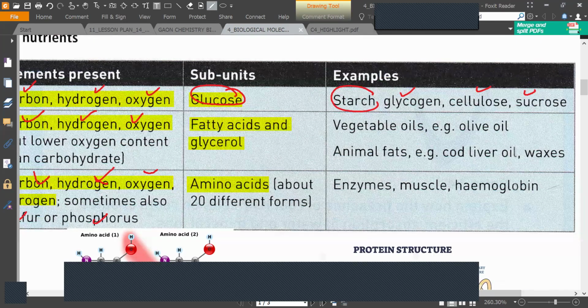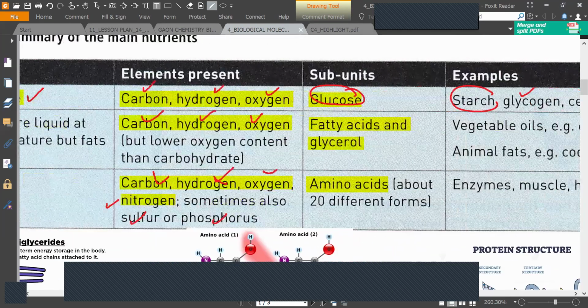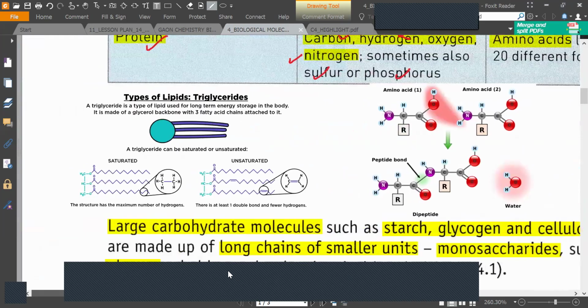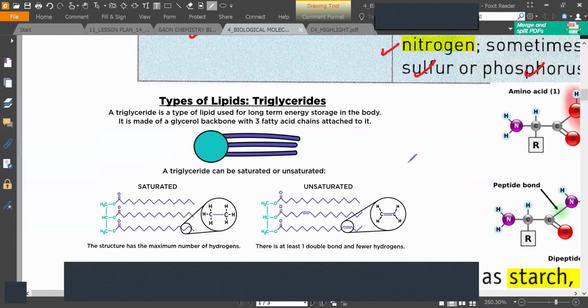Next, fats. For fats, the subunits are fatty acids and glycerol. It looks kind of like this. It is a type of lipid. So why do we have the lipids and the fats?